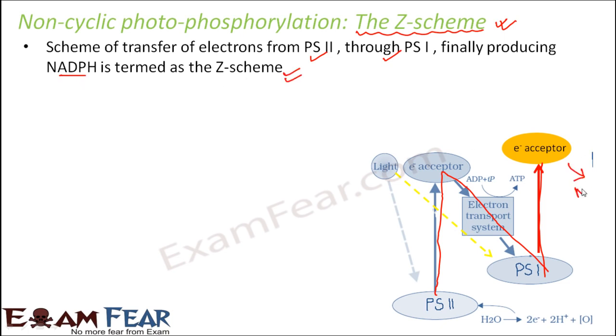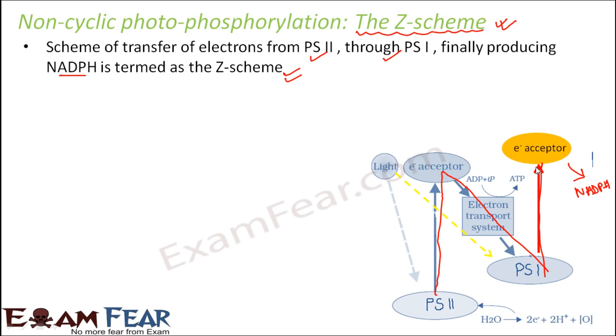This entire system is known as the Z scheme because of the shape which it takes on the diagram. So this is known as the Z scheme of non-cyclic photophosphorylation.